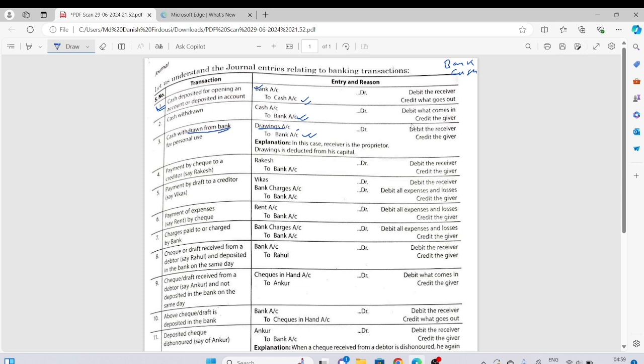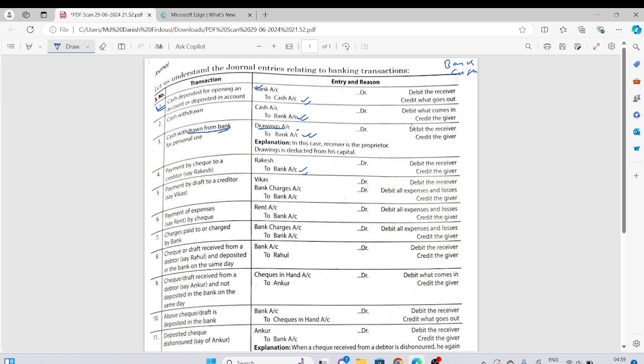So in this case also the bank will be the giver here. If the bank is the giver, it means here also we will credit the bank, and the person who will withdraw the money from the bank, that person will be debit.